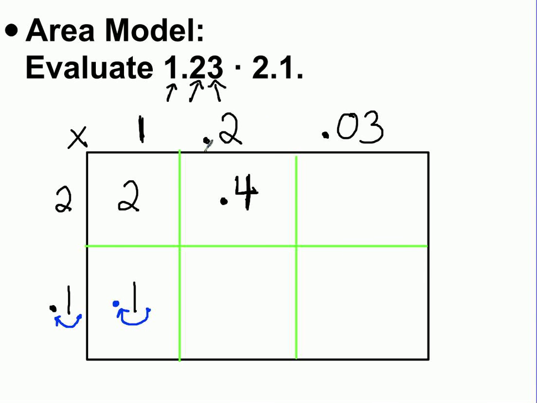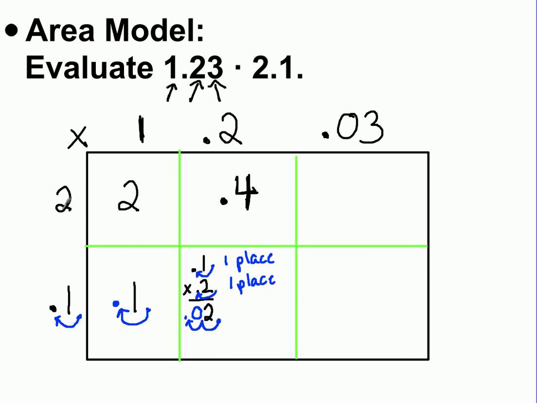Now this one is 0.1 times 0.2. So if you even just do this traditionally, this decimal point is 1 place from the right. This decimal point is also 1 place from the right. So therefore, our final answer should be 2 places from the right. And I'm writing a 0 right here, so 0.02.